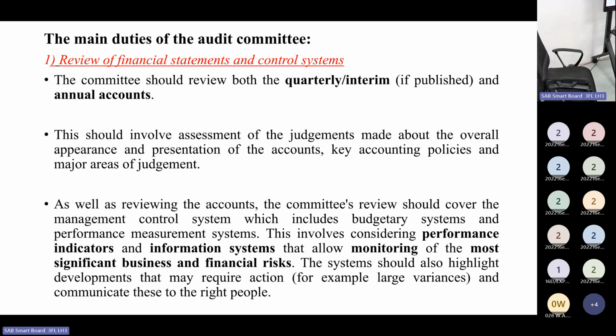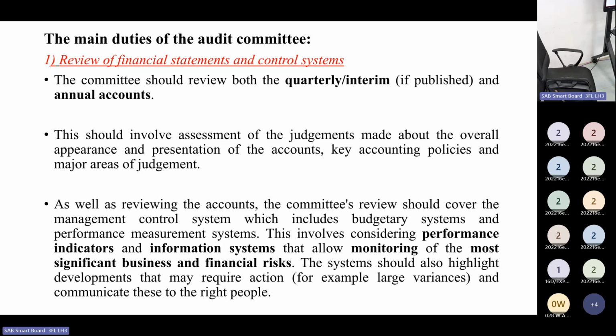If there are variances, when they are evaluating the performances, they may be using variance analysis. So if there are variances, the audit committee needs to look at why these variances happened and what has gone wrong there. Right? The actions. The audit committee has to look at whether actions have been taken.